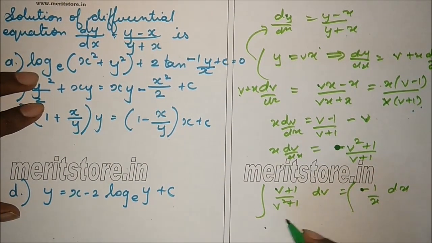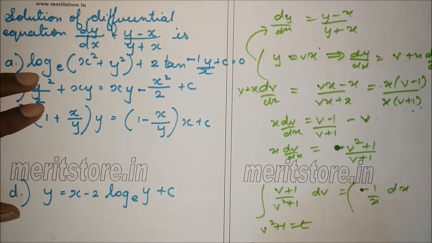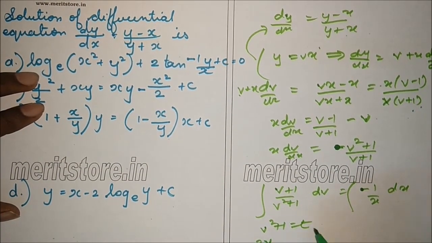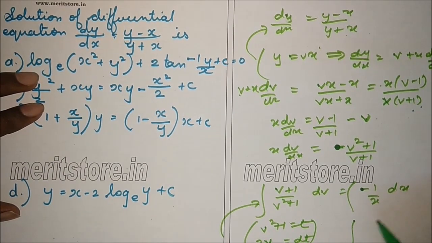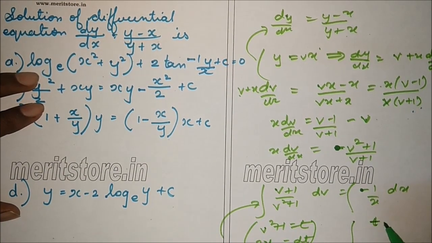Now when we take v square plus 1 equals t, so differentiating this we get 2v dv equals dt. So using substitution technique, we can write this as, so v dv will be dt by 2.